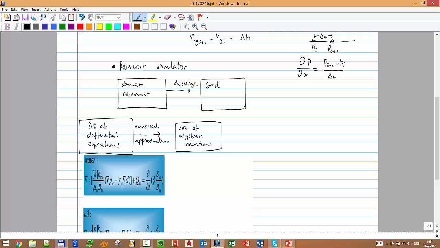So you convert a very complicated differential operator into something that you can evaluate if you just have the values of the 2 points and the distance between them. And the typical method used for that in reservoir models is the finite difference method.